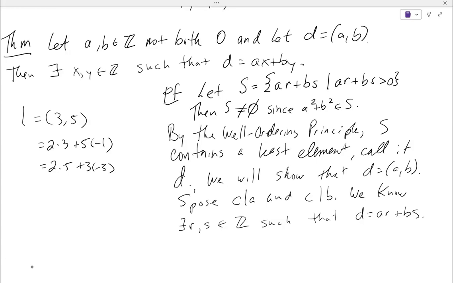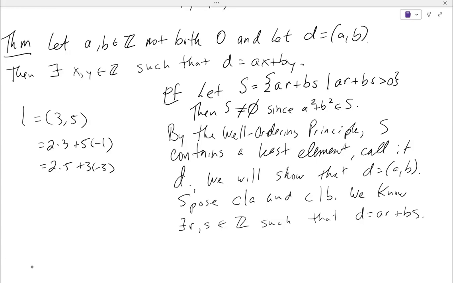If C divides A and C divides B, it divides the linear combination. Therefore, it has to divide D, right? We talked about if you divide individual factors of a linear combination, you actually, in fact, divide the entire linear combination, right?